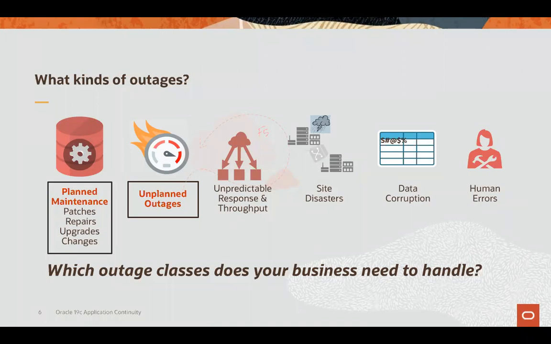So any kind of planned maintenance can be addressed and can be treated with application continuity and make sure that the end user experience is completely positive in the end. And also we can address unplanned outages, and in this case we need to have a proper high availability architecture in place, or maximum availability architecture. And these are the cases I was explaining in the previous slides.